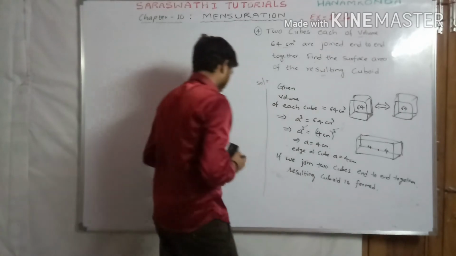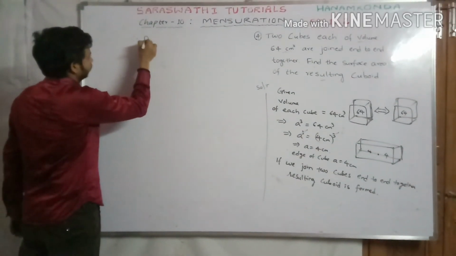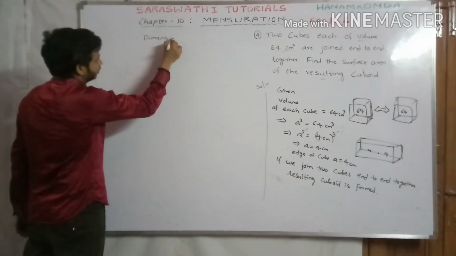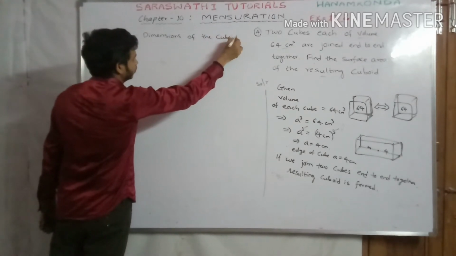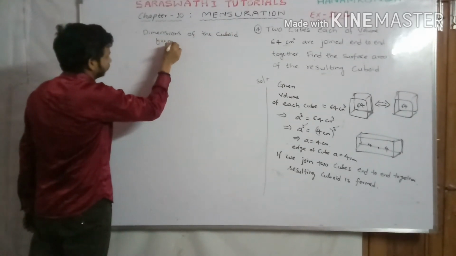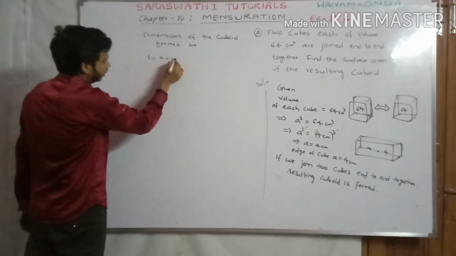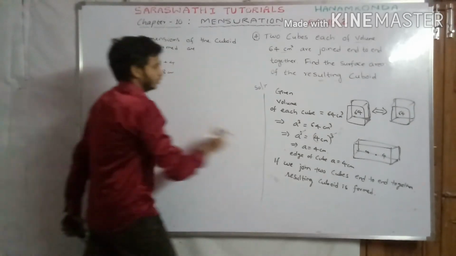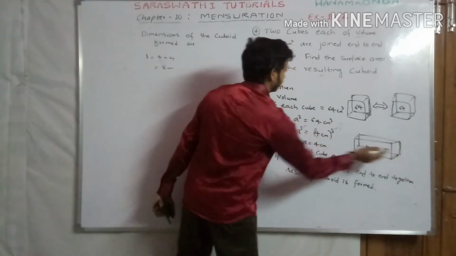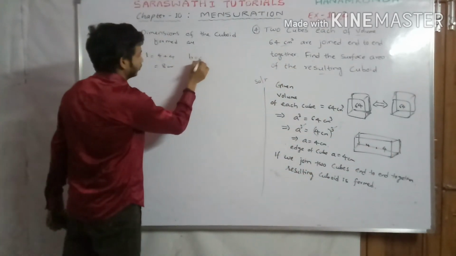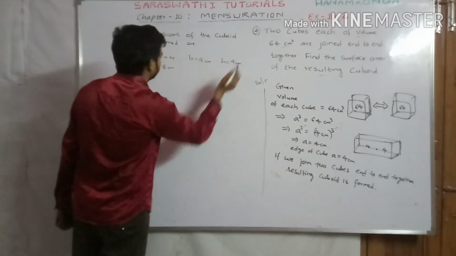So now the dimensions of the cuboid formed are, so length will be 4 plus 4, that means 8 centimeters. Okay, so length will be double of each edge and the breadth and height will remain same. Okay, so that means breadth equal to same 4, the edge of cube. Similarly height is also equal to each edge of the cube.